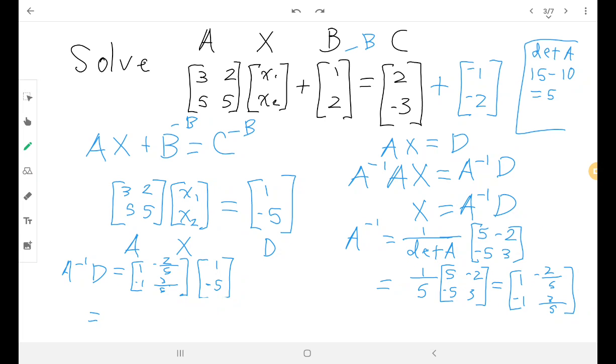Try and keep everything together. So it's all this times all this with matching parts and then added together.